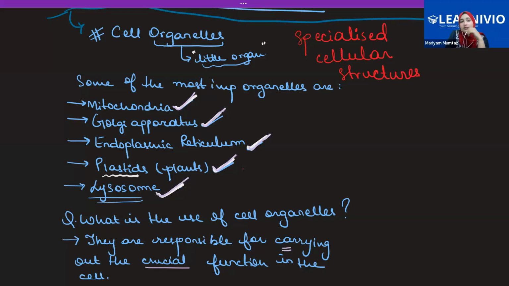Let us see the most important cell organelles. We have mitochondria, Golgi apparatus, endoplasmic reticulum. There are plastids, but only in the case of plants. And we also have the lysosomes and the vacuoles. These are some of the important cell organelles.